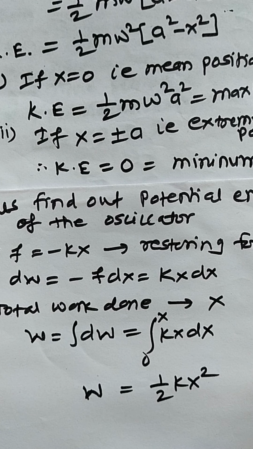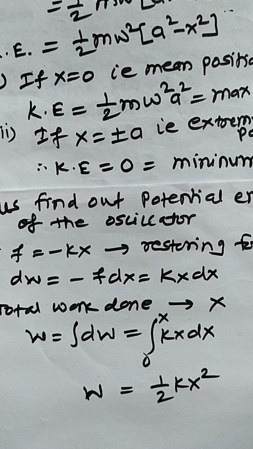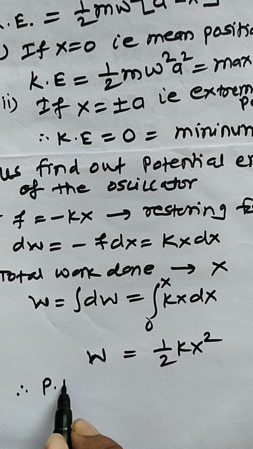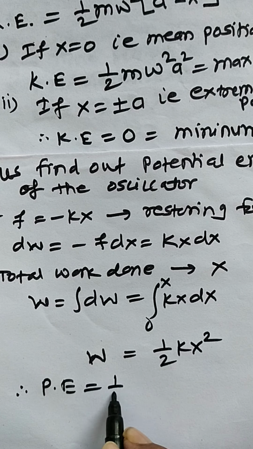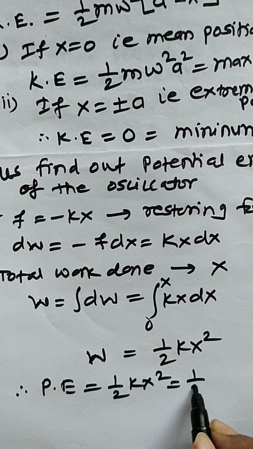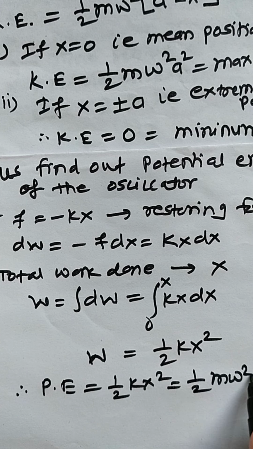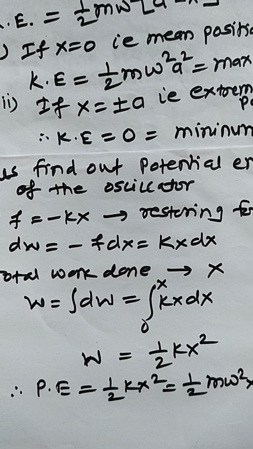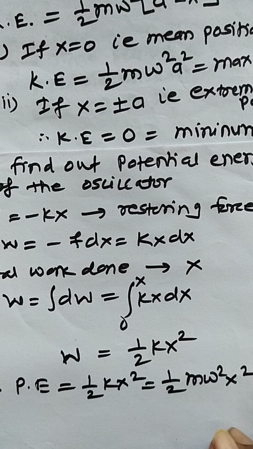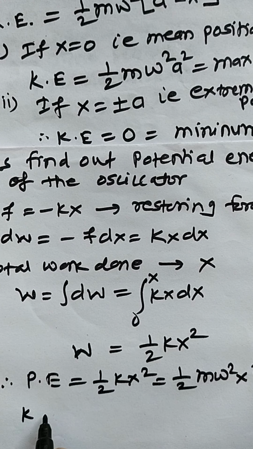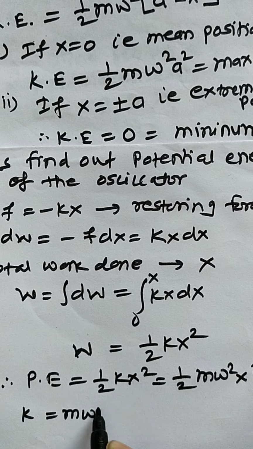This work being done on the oscillator represents its potential energy. So therefore the potential energy is equal to 1/2 kx square, which is equal to 1/2 m omega square x square, where k is equal to m omega square.